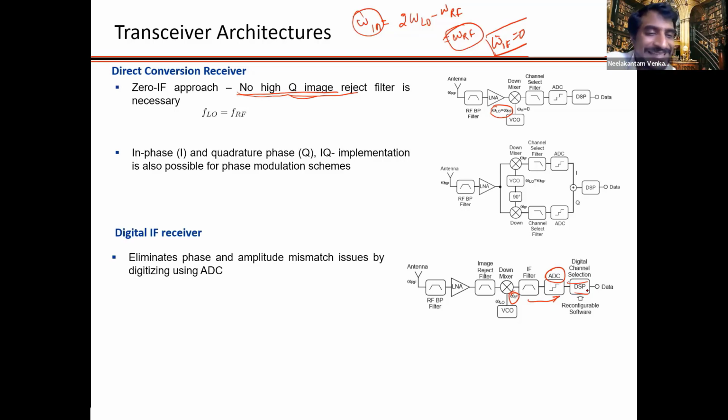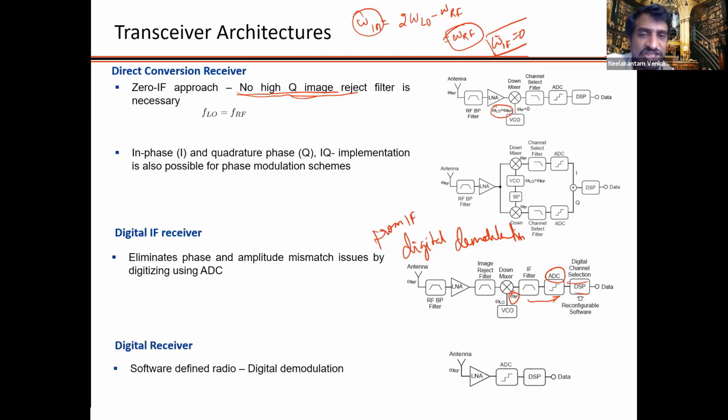So you're doing digital demodulation rather than using analog from IF. So that's a digital receiver, a digital IF receiver.